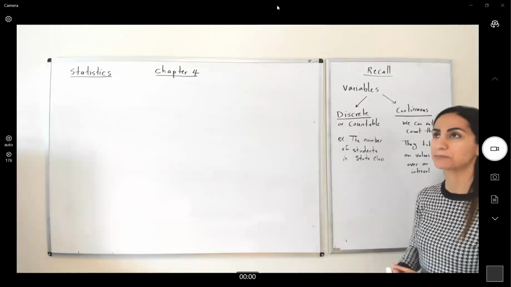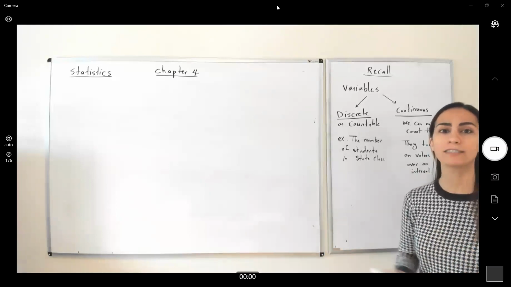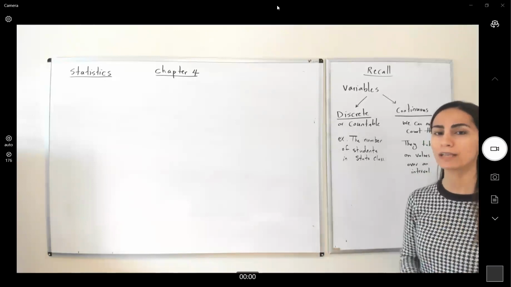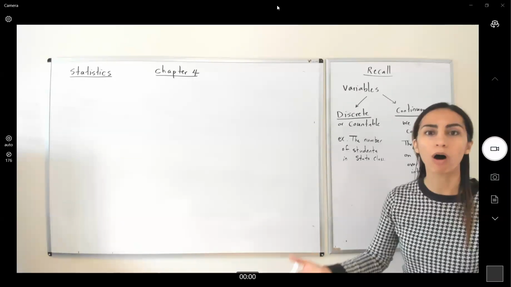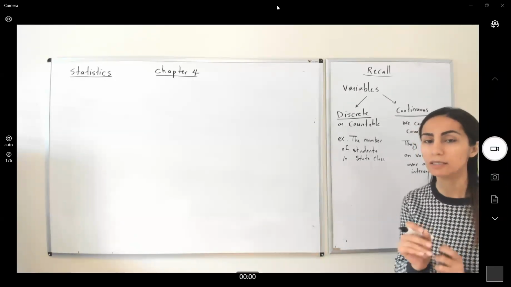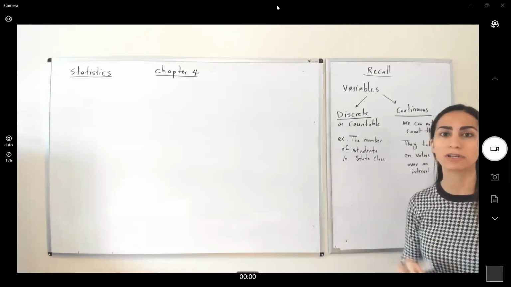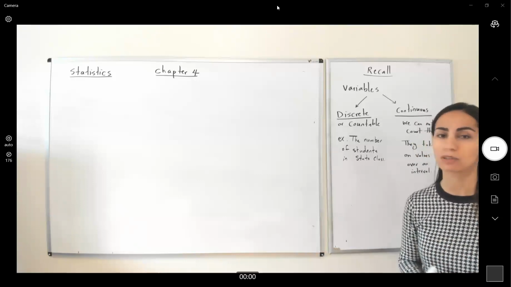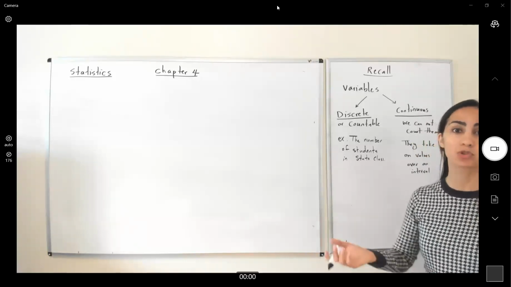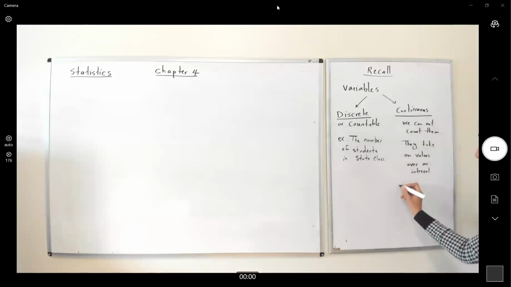Think about it this way. When we are talking about height, or weight, or volume, it's impossible to count all decimal numbers, all decimal values. So what do we say? We say that, for example, the height is between 4.8 to 6.2.